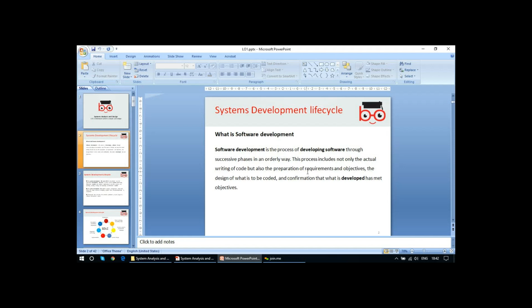that comes through the preparation of requirements and objectives and design of what is to be coded. So it is important. It's not necessary to say that this is implemented, but the design says what is implemented, and confirmation that what is developed has met the objectives.